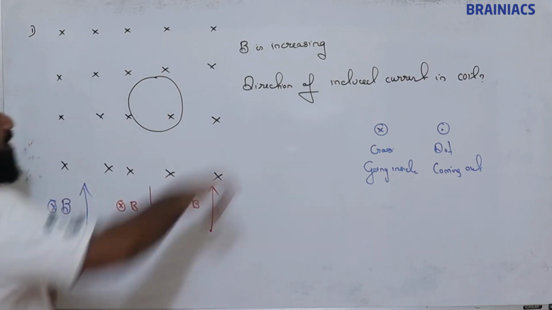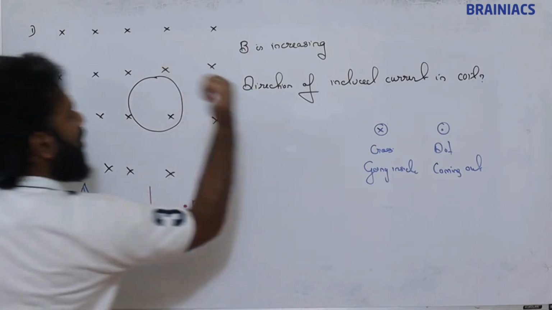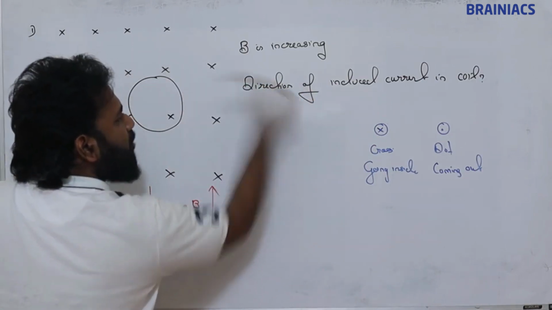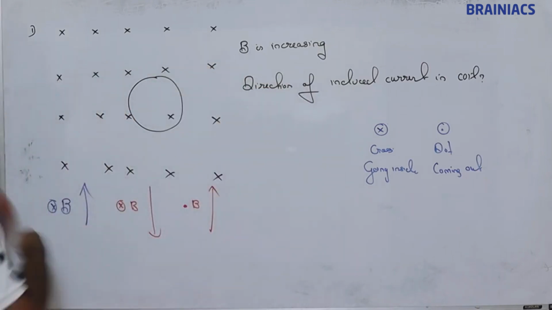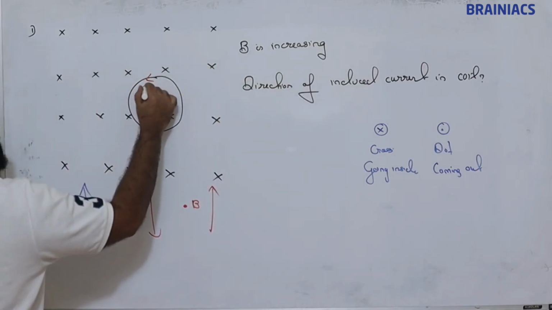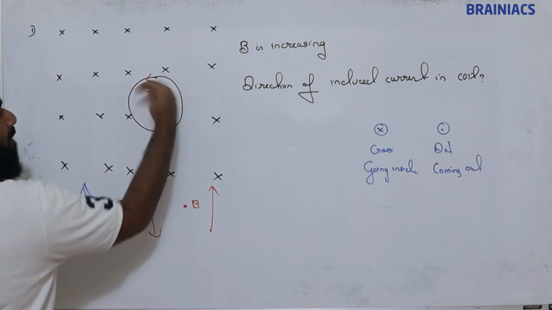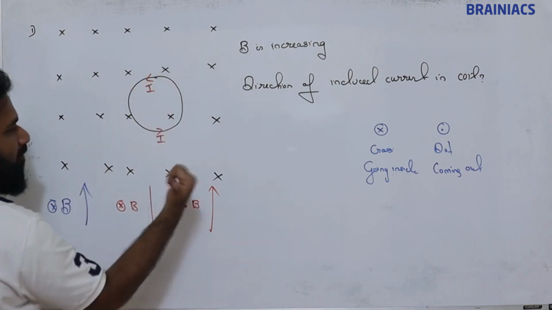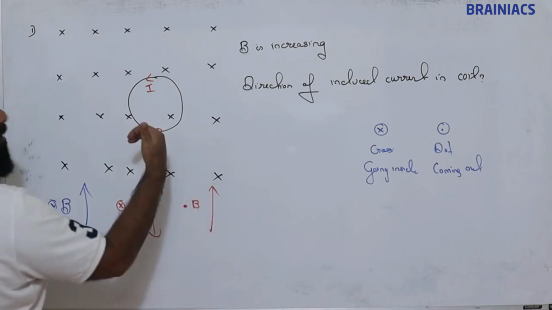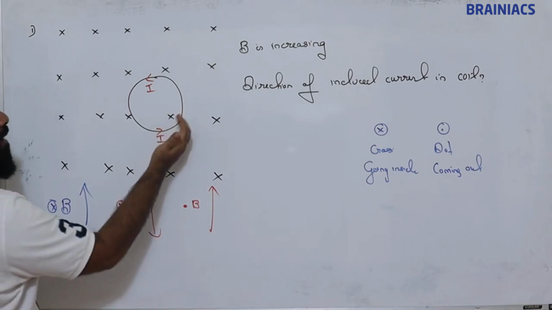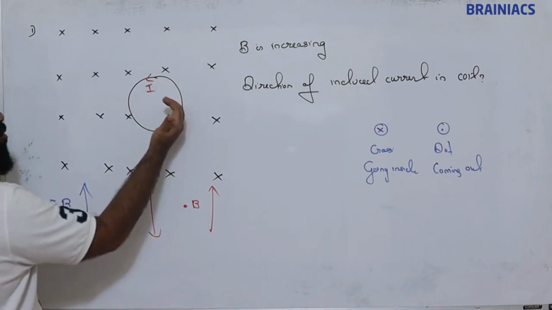Dot magnetic field means this direction. These fingers will show the direction of current, so I can show like this is the direction of current. The dot magnetic field which is coming out, I need to increase. So in order to increase the dot magnetic field, in what direction should the current go?